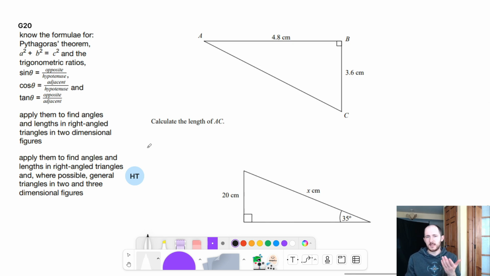So when do you use Pythagoras versus trigonometry? Well, for both of them, it has to be a right angle. Now, you only use trig if you want to find an angle or you're given an angle. In this case, if you look at the first one, I have 2 sides. I don't have an angle and I want a length. So I don't have an angle and I don't want an angle, so it's Pythagoras. And again, you just label this as c, because with Pythagoras, the only letter that matters is what c is.